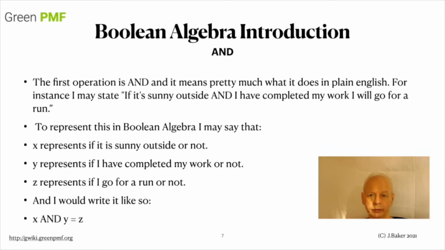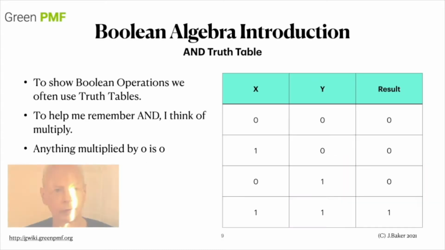Now for convenience and to help save confusion when documenting things, we normally write the Boolean expressions in uppercase. That just makes reading easier for people. So here we use what's called a truth table, and that helps us visualize pictorially what's going on.